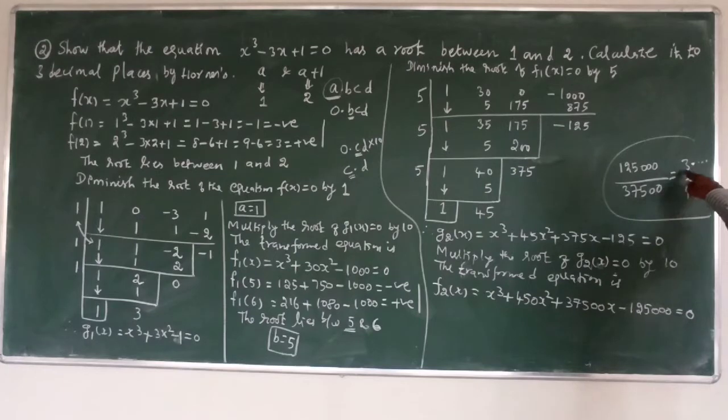We can divide these two, we can get the result 3 point something. 3 point something means 3 for negative result and 4 positive result.